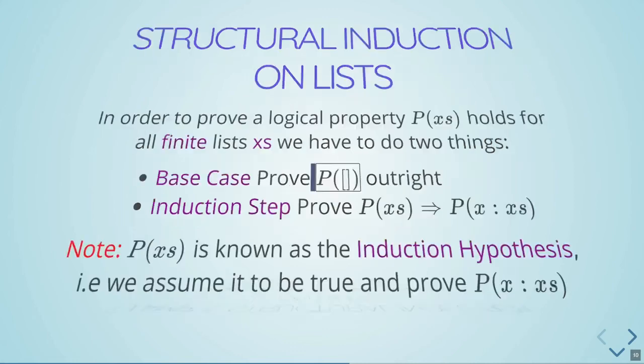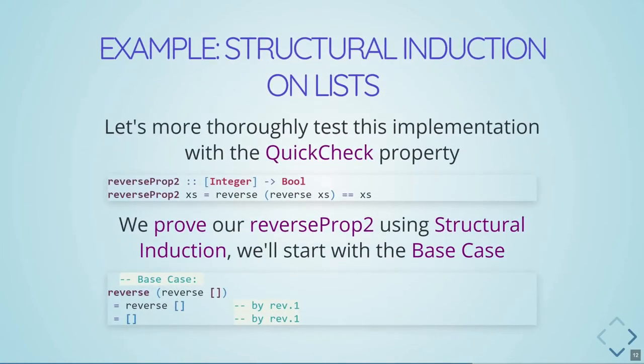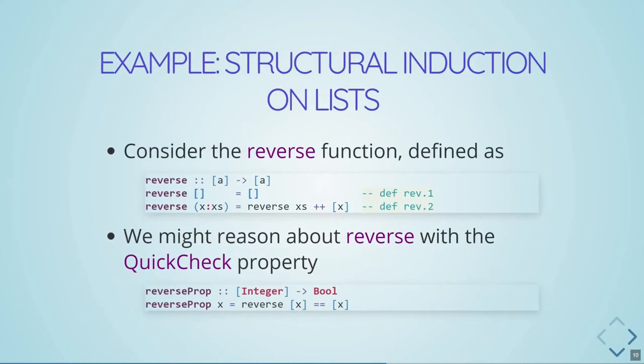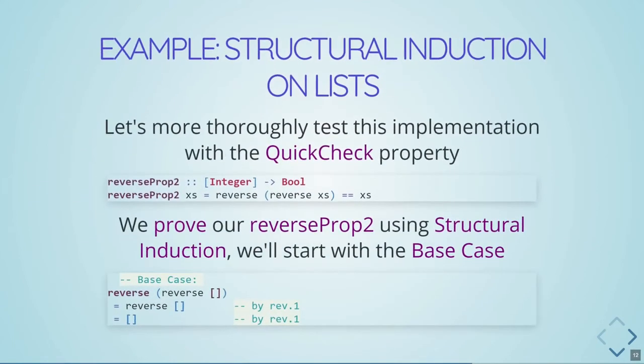So we'll start with the base case, and we'll say the reverse of the reverse of the empty list. What is this equal to? Well, we take this term right here, and by the first definition, the reverse of the empty list is just the empty list.